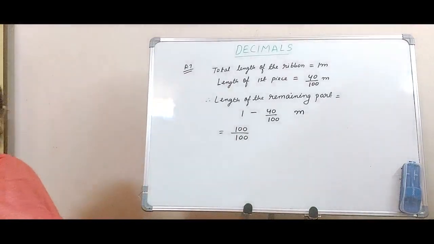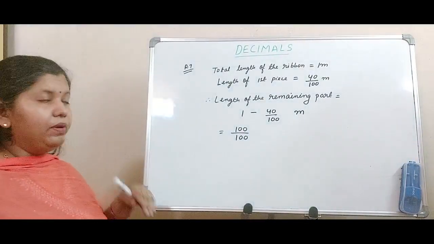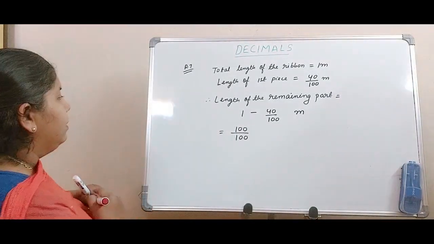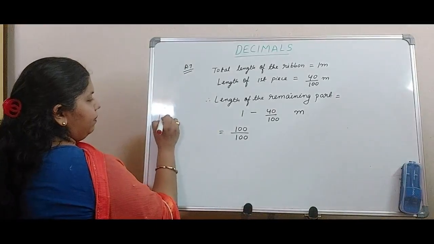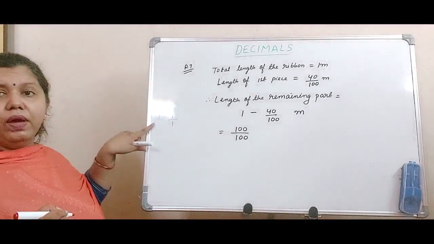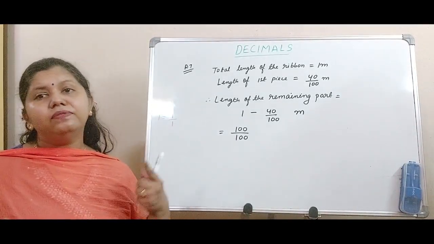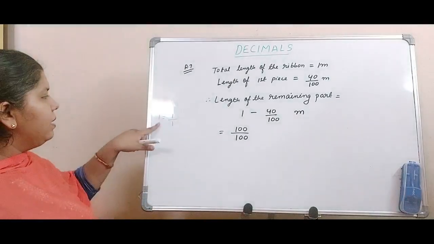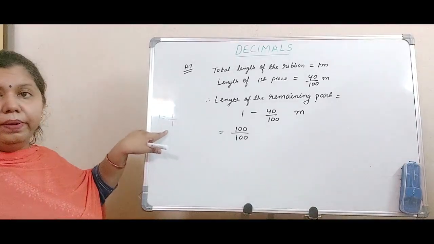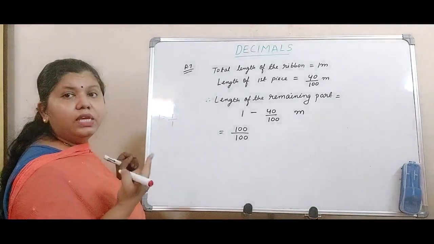Let me recapitulate, as you have read in the previous chapter. 1 can be written as 1 by 1, because this by 1 is hidden in this 1. And we also read in mathematics that any number divided by 1 gives the same number. So you can express any whole number as by 1, no problem. After that, we are changing it into its equivalent form.